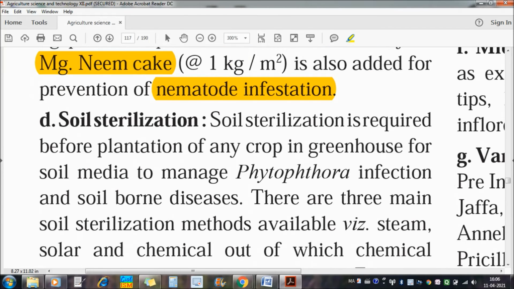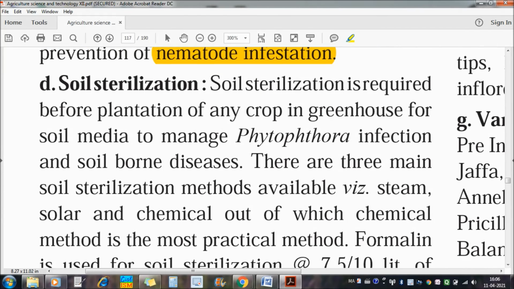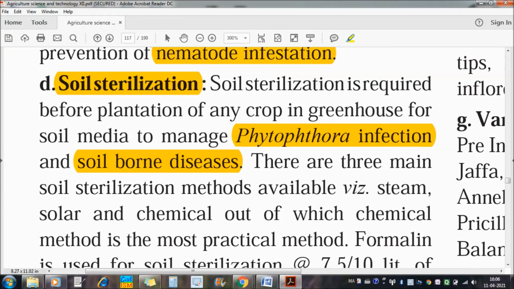Now, sterilization is important to avoid these kinds of infestation in the soil. Particularly, the soil media may be infected by phytophthora and other soil-borne diseases. So it is important to sterilize the soil by using steam, solar, or chemicals like formalin.